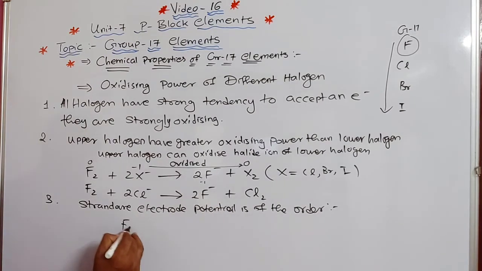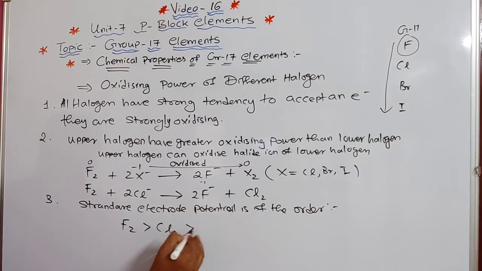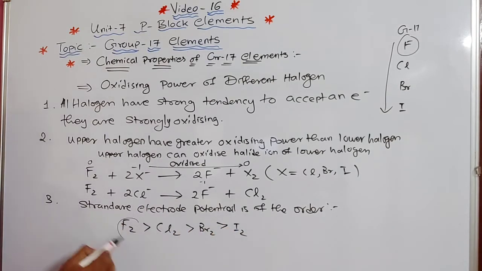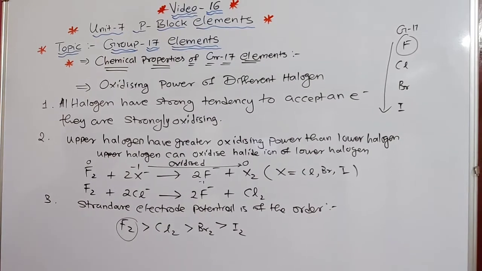That is F2 greater than Cl2 greater than Br2 greater than I2, right? So this one will have the higher standard electrode potential. Understood? Now the next part.